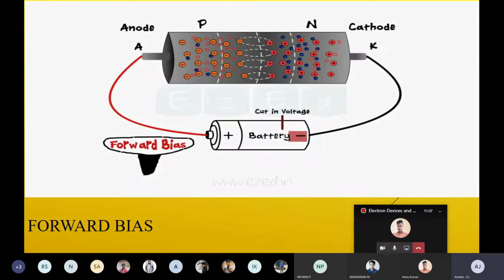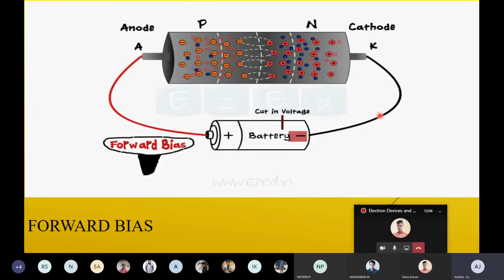Here you can see the junction and the small depletion layer. The electrons and holes are recombined, so they become immobile ions, so there are no free electrons across the junction. After giving the forward bias, the holes are pushed towards the junction.